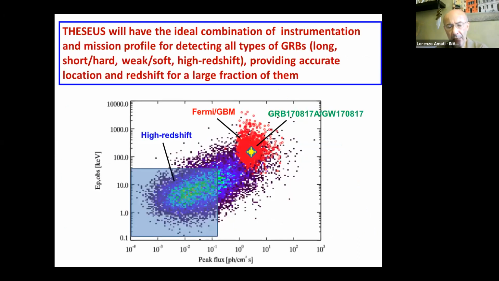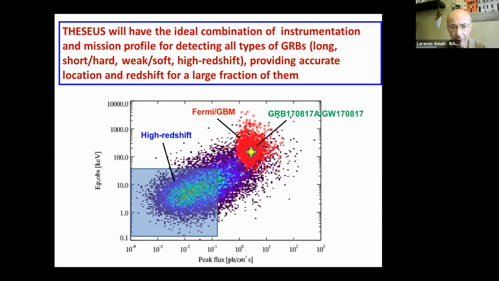So the combination of this instrumentation and mission profile would allow these missions, as shown in this diagram, where you see the spectral peak energy, so the spectral hardness, versus the peak flux, so the intensity, the brightness of the gamma ray burst, to detect any kind of gamma ray burst.